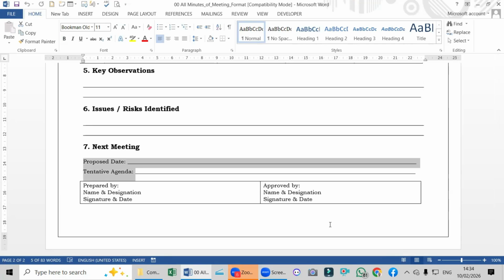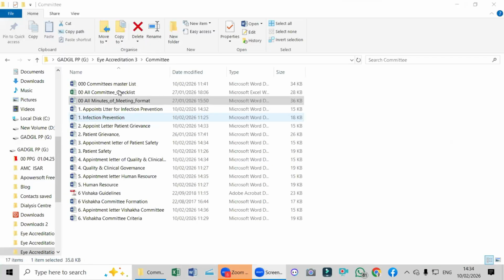See, the points of reference need not be discussed every time. You can skip, you can take 2 points every meeting. It's not necessary that all the 6 or 7 points you have to take or handle in every meeting. You can choose, okay, I will take only point number, just show me the checklist.